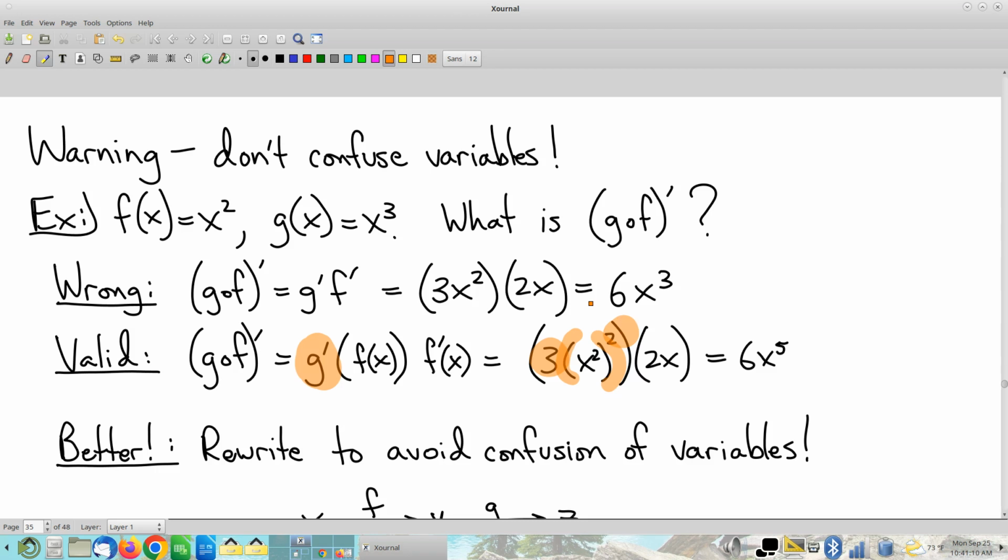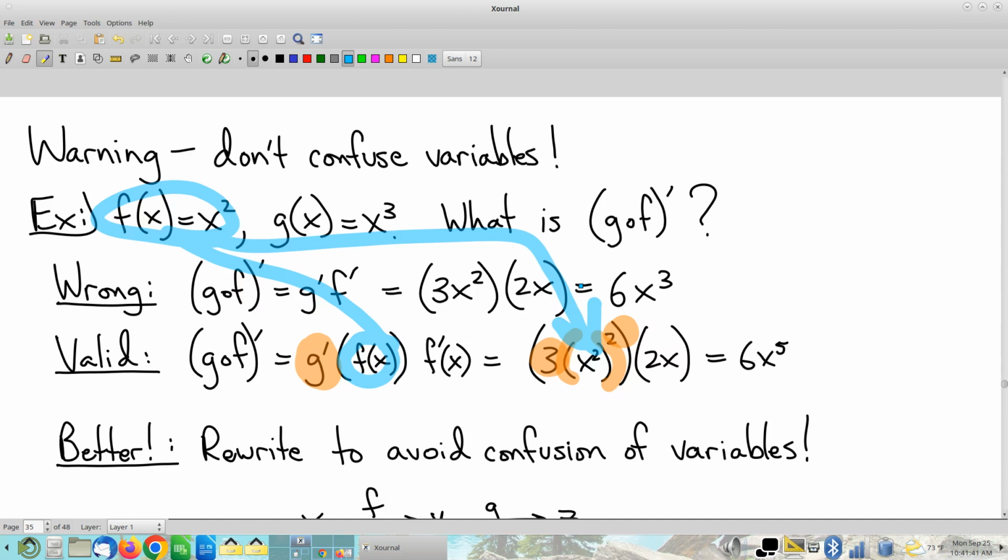The derivative of cubing things is 3 times squaring things, but evaluated, and it says so right here, evaluated at f of x, which is x squared. And so it shouldn't be just 3x squared. It's 3 times x squared squared. That fixes the mistake in the wrong solution above. Does that make sense?